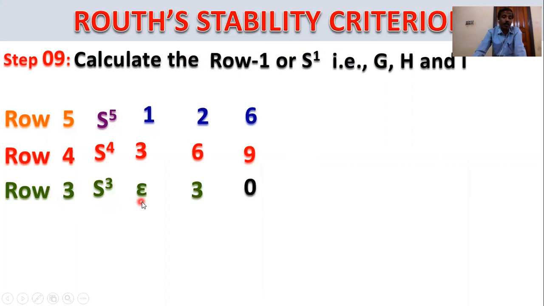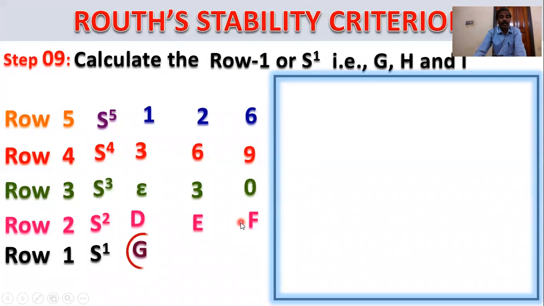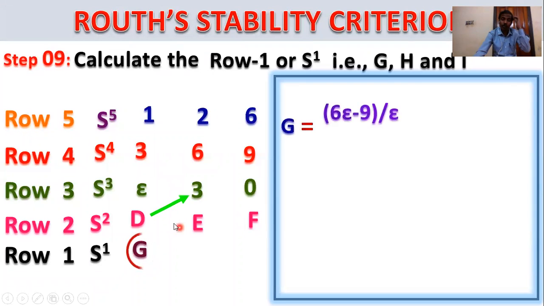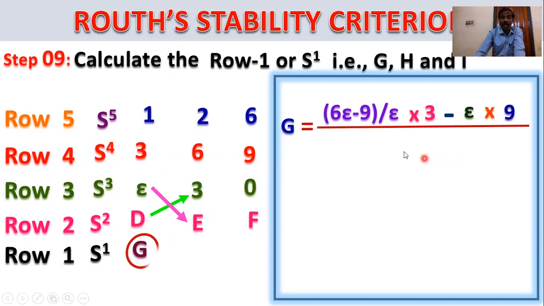Row 3, s cube: epsilon, 3 and 0, with s square coefficients D, E, F. G equals D into 3, where D equals (6 epsilon minus 9) by epsilon, minus epsilon into E, divided by D. Epsilon equals epsilon and E equals 9.